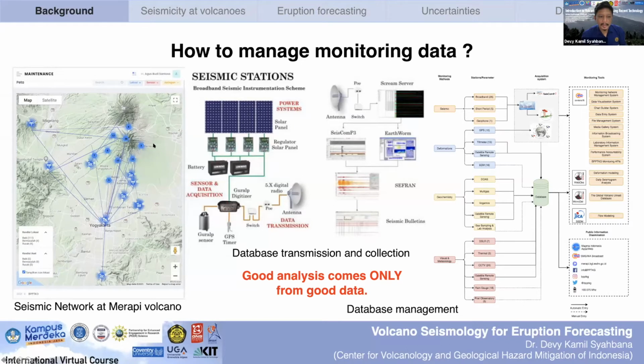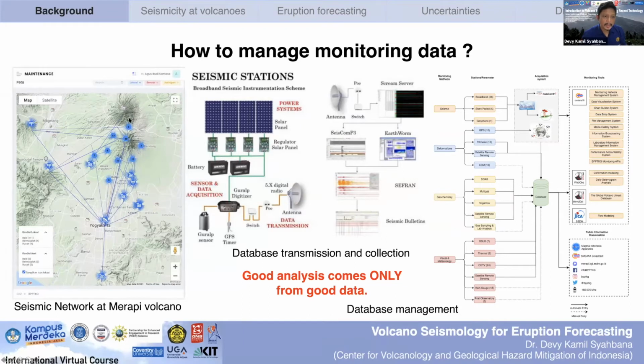But in other cases, if we have difficulty going to some side of the volcano, then we have nothing to do. Sometimes, for example, we have a lava flow going there, and we don't have stations here, but it would risk our lives if we wanted to install them.